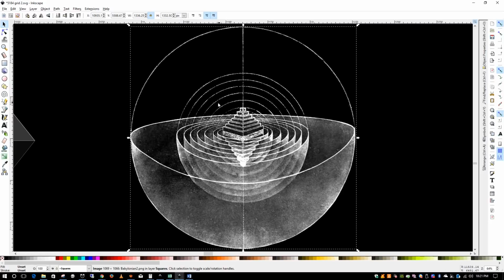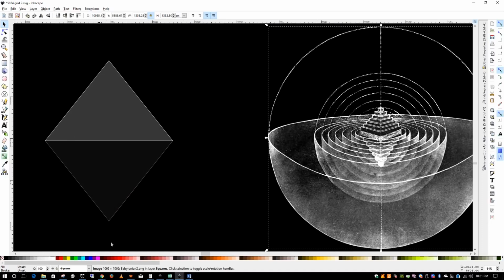If you notice, these circle traces go all the way around, including the bottom part of this, which is treated as a reflection, but it's actually part of the whole thing. And I'll show you why that's important. And this is the way it looks with the Great Pyramid as well. It's much easier to treat the Great Pyramid as a rhombus or an octahedron than it is to treat it as just a triangle.